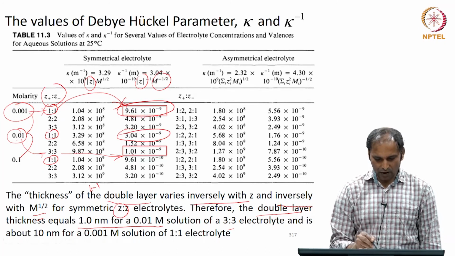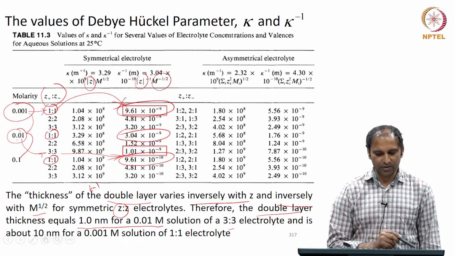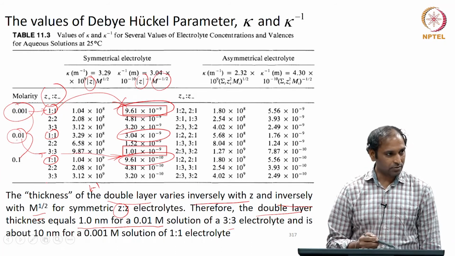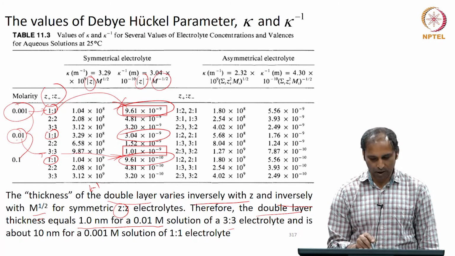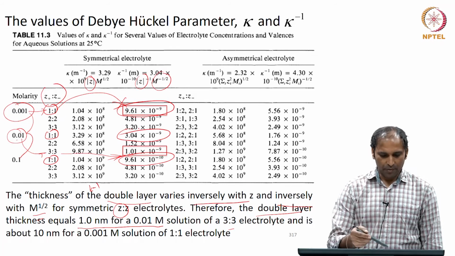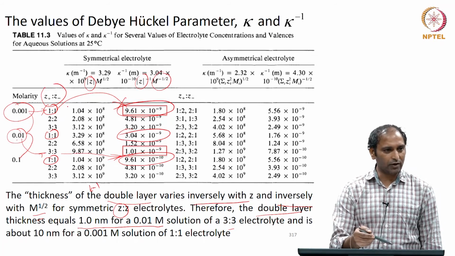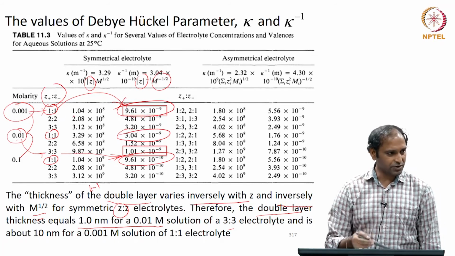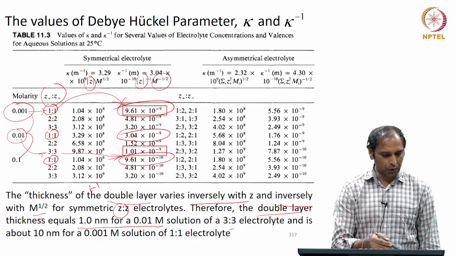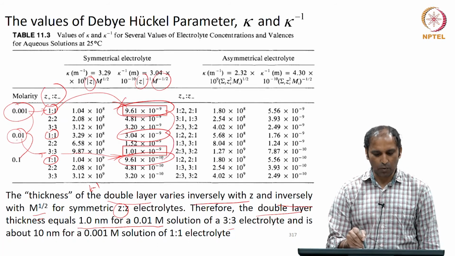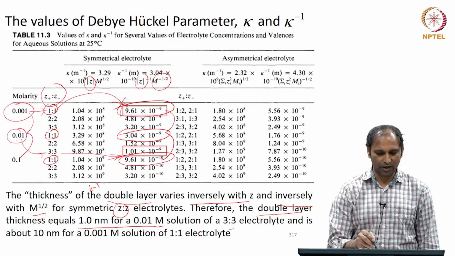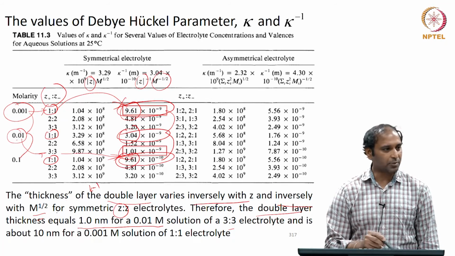I increase the concentration further, the double layer thickness becomes about 1 nanometer, about 0.9. So, if I keep the type of electrolyte the same and increase the concentration from 0.001 to 0.01 to 0.1, the double layer thickness goes from about 10 to about 3 to 1. It was 10 nanometer here, 3 nanometers there, and about 1 nanometer here.